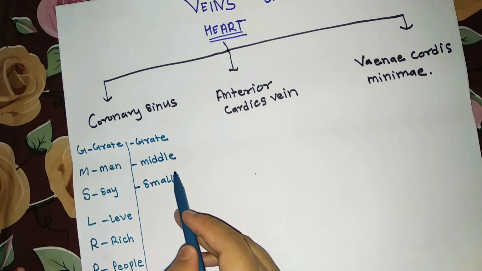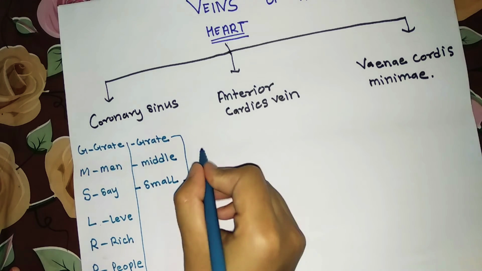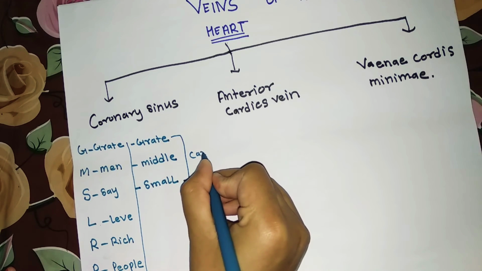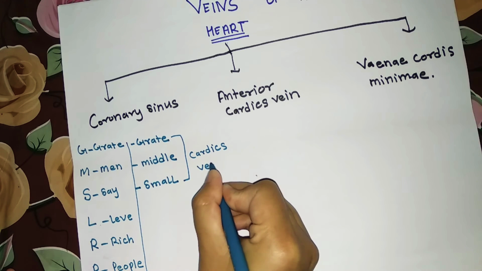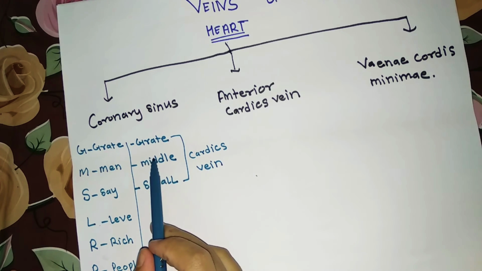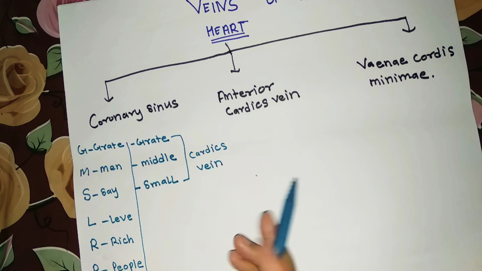These are all cardiac veins: the great cardiac vein, middle cardiac vein, and small cardiac vein.